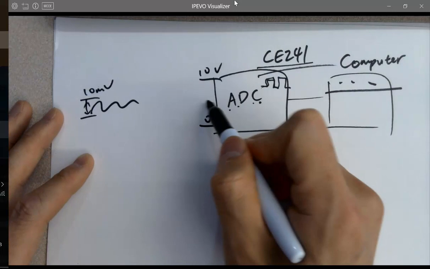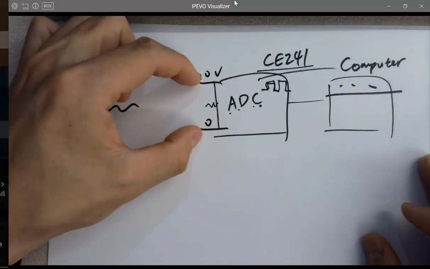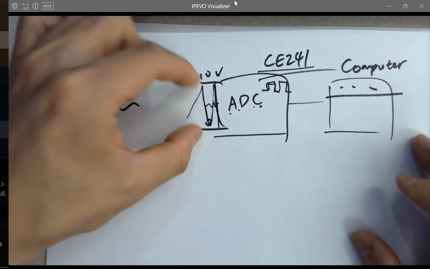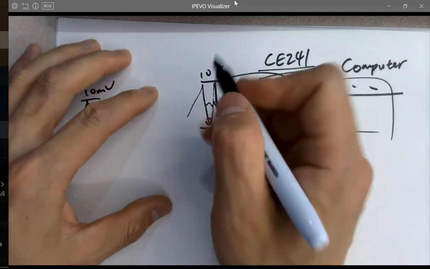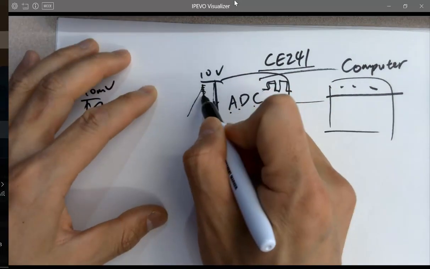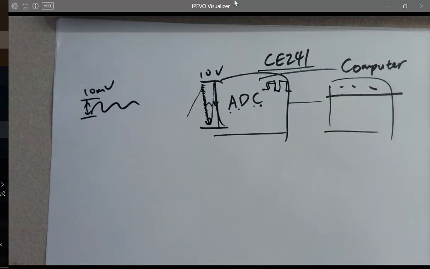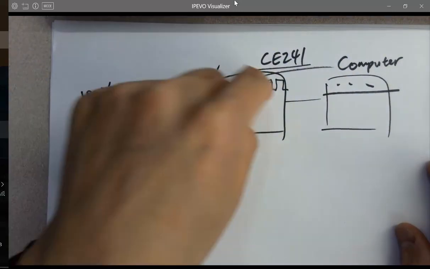But if you only convert a small voltage like that, you are not fully utilizing the resolution of the ADC. You want to amplify to the full range so you can fully utilize the dynamic range of the ADC. So that the ADC can divide the signal into little millivolt steps, so they can resolve the changes of the analog signal and then convert into digital signal for each point.